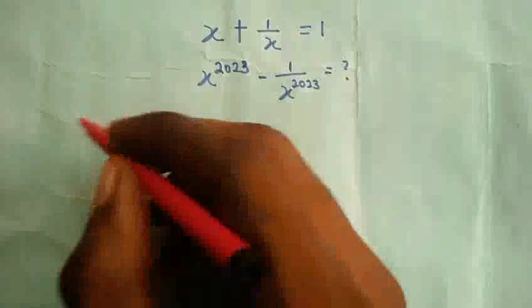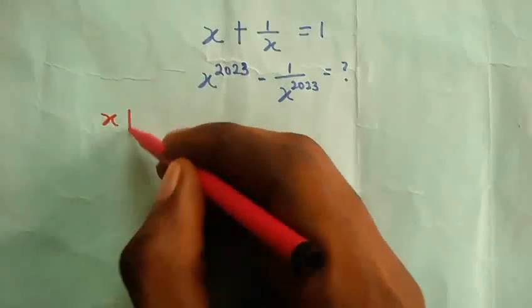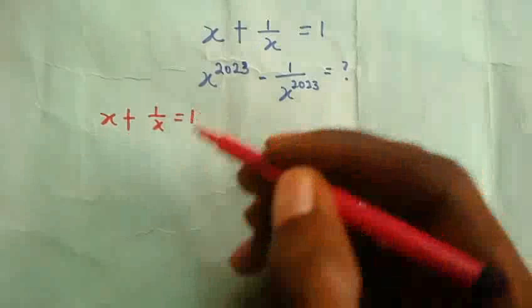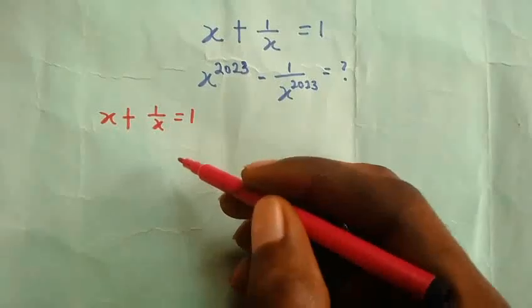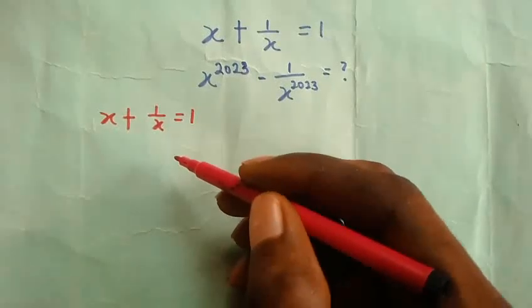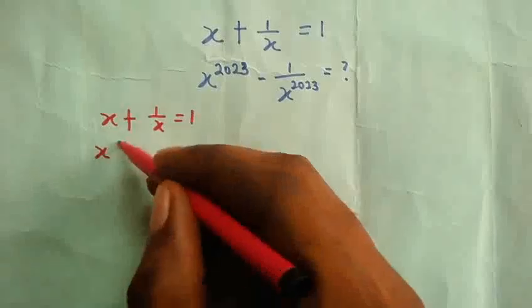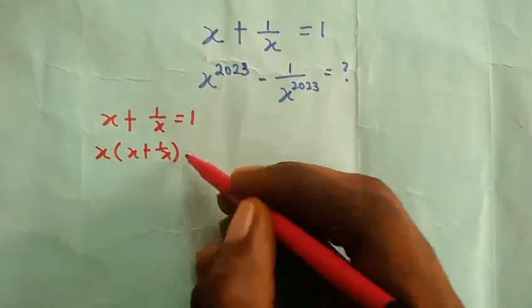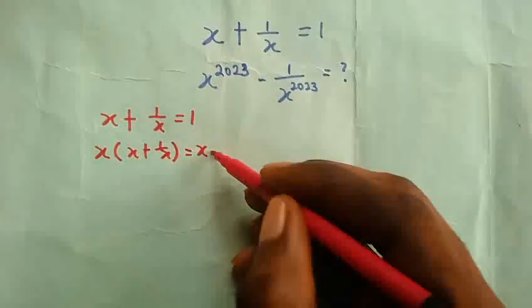Now we have the equation x plus 1 over x is equal to 1. Multiplying both sides of this equation by x, we have x open brackets x plus 1 over x is equal to x times 1.